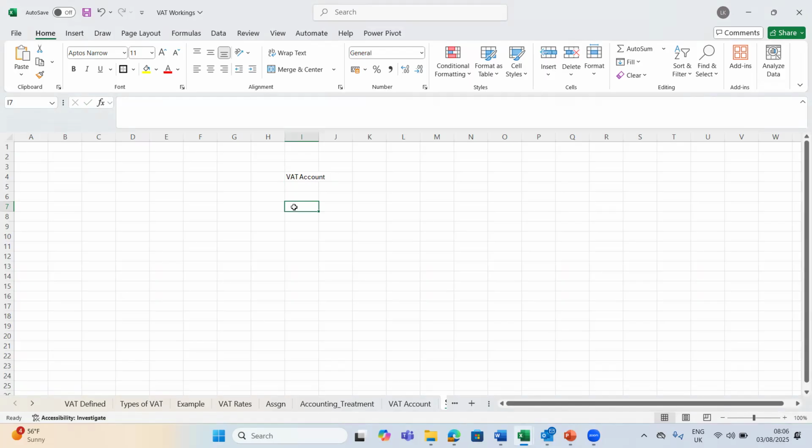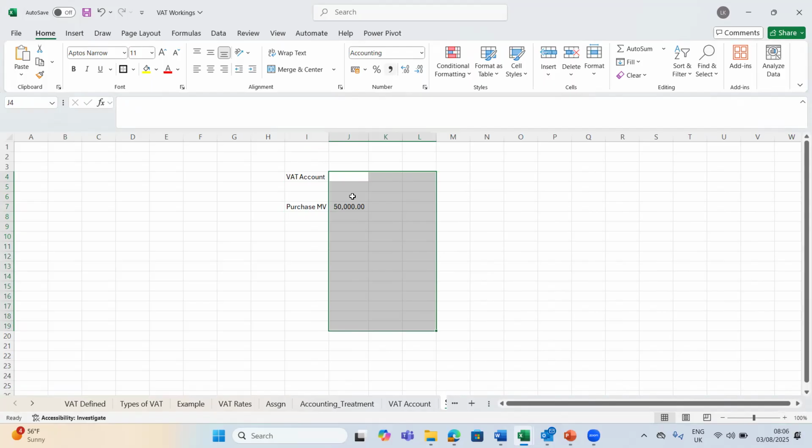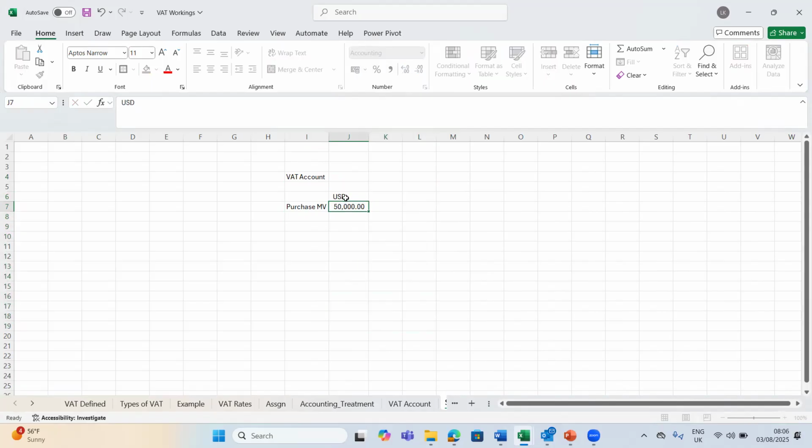Let's see. We purchased. We're a dealer, right? So we purchased a motor vehicle for, let's see, $50,000, 50,000 USD. Just quickly format that. And then VAT.